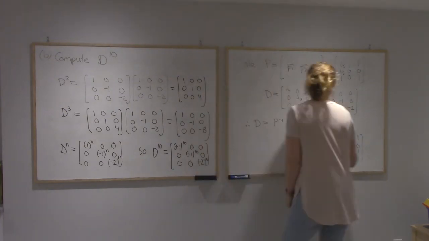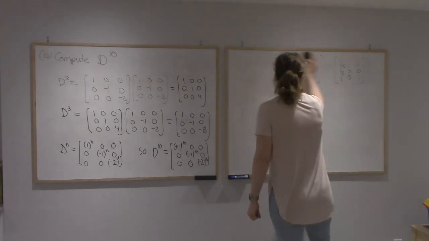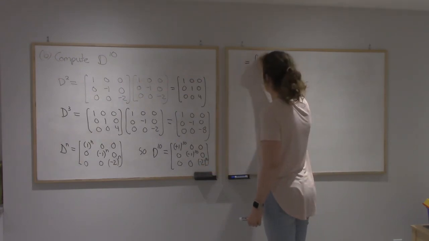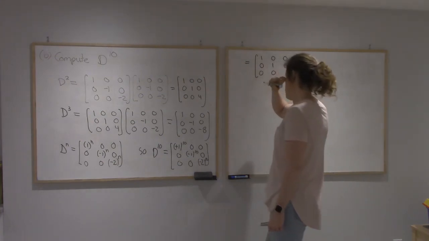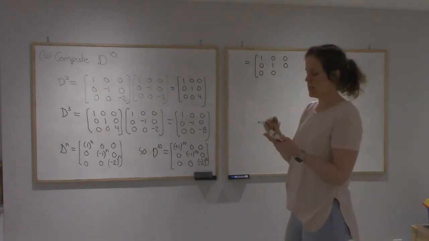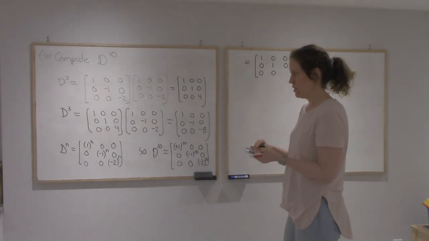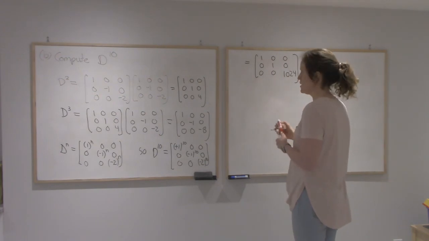So I'll get 2, 4, 8, 16, 32, 64, 128, 256, 512, 1024. So that's D to the 10.